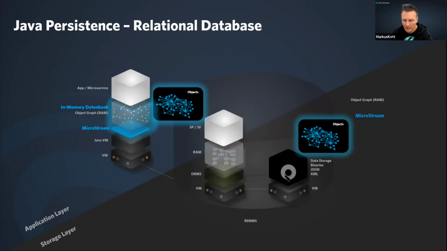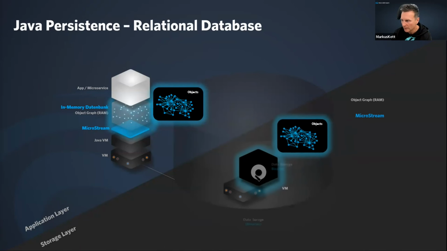Then let's have a look at our database server. Because now the object graph becomes our in-memory database, the database moves from the database server to the memory. So we don't need a database on a remote machine, so we can skip it.